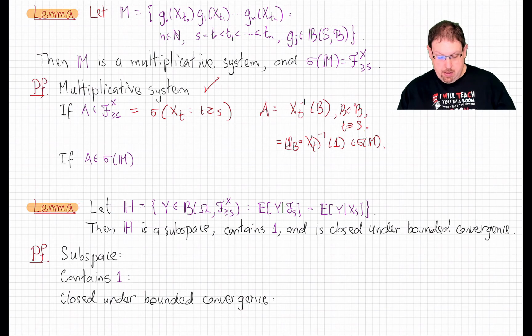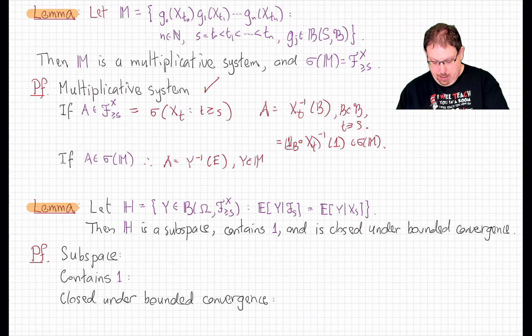For the reverse, we need to show that any event A in this sigma field is in the future sigma field. Well, if it's in sigma of M, that means that A is the preimage under some random variable Y of some set E, where Y is in the multiplicative system, and E is a Borel set in the real line.